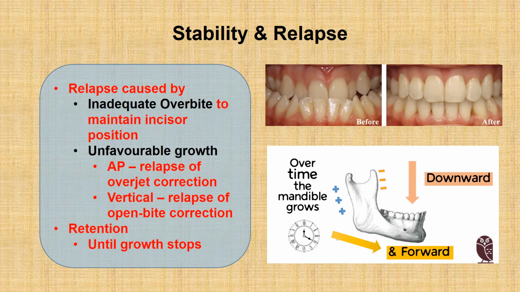Now, if the growth is unfavorable in the AP direction, the overjet correction or reverse overjet correction will tend to relapse. Now, if the unfavorable growth is occurring in the vertical direction, there is a relapse of the open bite correction. Now, this also means that retention needs to be continued until active growth stops.